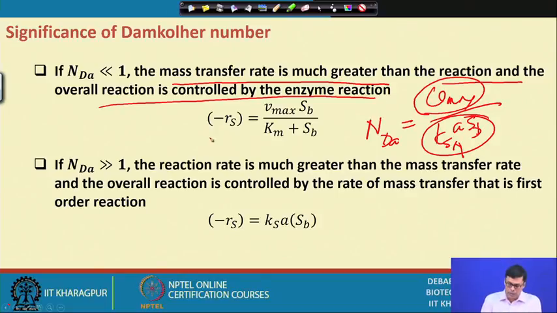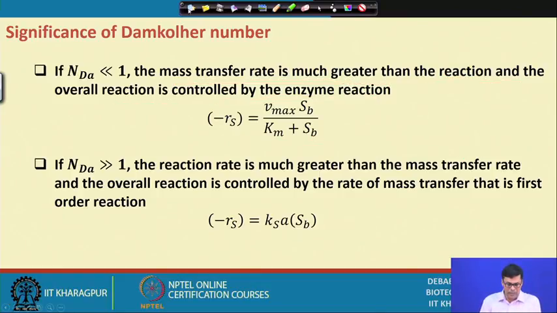The limiting factor is the enzymatic reaction, because the rate of mass transfer is more. So if you want to improve the rate of reaction, we shall have to increase the velocity of reaction, which is Vmax Sb divided by (Km plus Sb). Now, what is the next case?